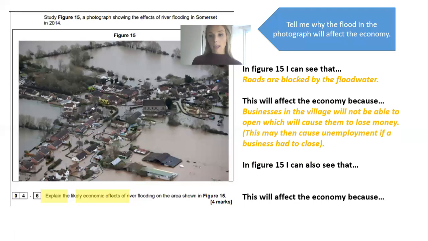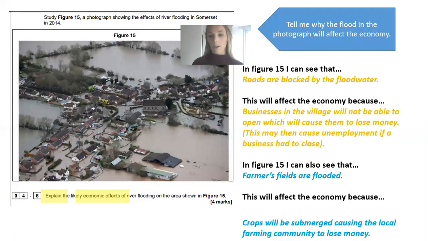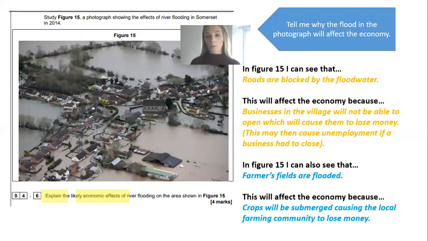Okay. You could then write, in figure 15, I can also see that farmers' fields are flooded. This will affect the economy because crops will be submerged, causing the local farming community to lose money. Okay, so try to develop your points further when you're responding to an explained question.